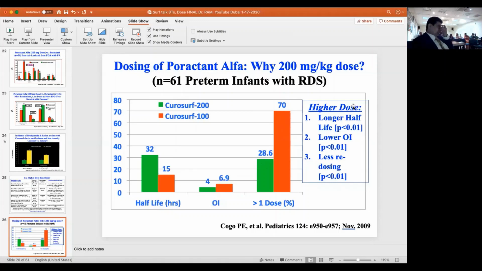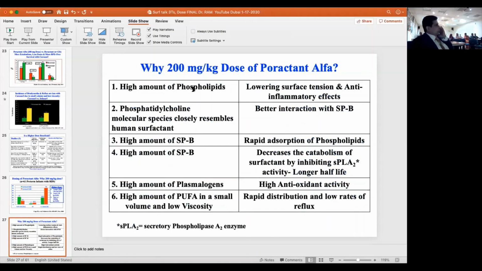Again, if you use the 200 milligram per kilo, you have the highest phospholipids, you can lower the surface tension. We already talked about anti-inflammatory effects. Molecular species that is very similar to human surfactant, therefore it interacts better with SP-B, and a high amount of SP-B gives rapid absorption of phospholipids.